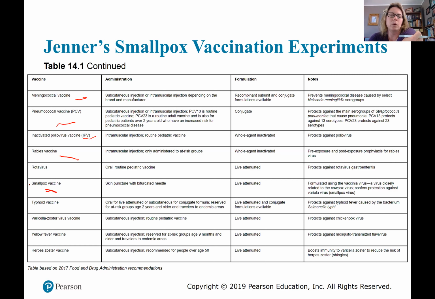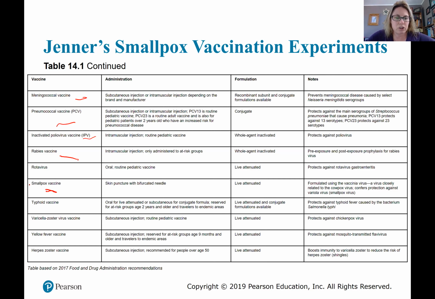It was basically a circular-shaped instrument with prongs on it, and it would leave a scar on the arm. It was deposited into the skin. We'll talk about that in a second, but we have eradicated smallpox, and so we no longer vaccinate for that.